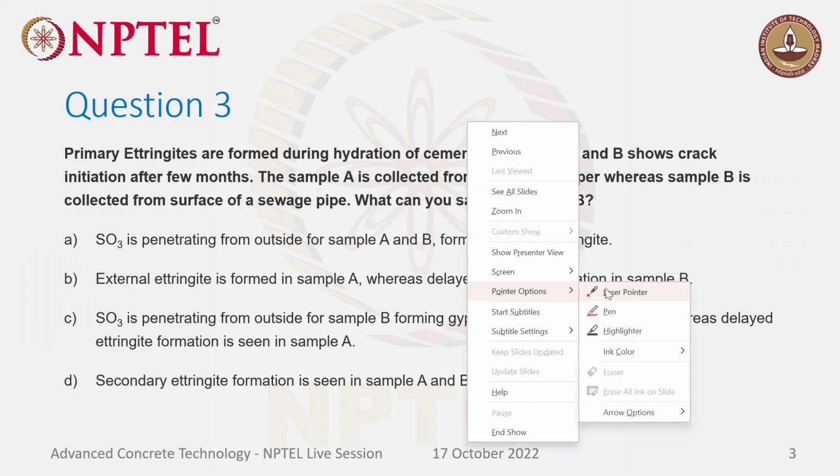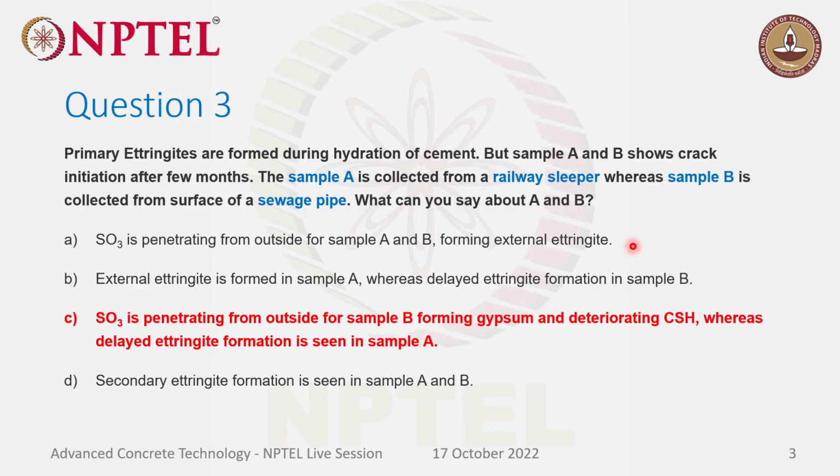So moving to the solution part. All three statements are correct. Since sample A is collected from a railway sleeper, railway sleepers are normally prepared with steam curing to speed up the hardening of the concrete.